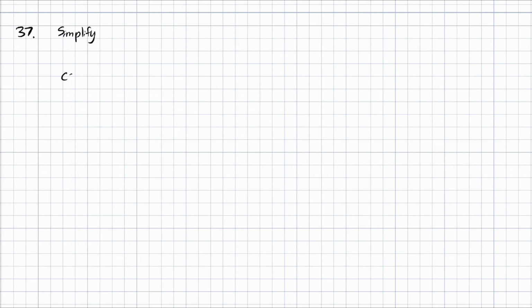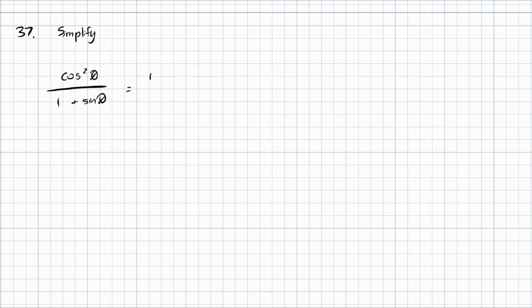Simplify cosine squared theta over 1 plus sine theta. Okay, so let us use our laws here. Cosine squared theta is what? Oh wait, sorry, I skipped the entire step right there.